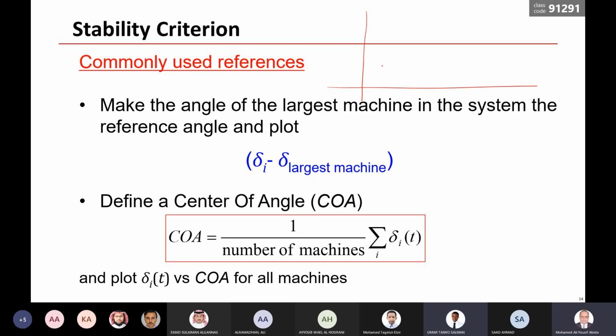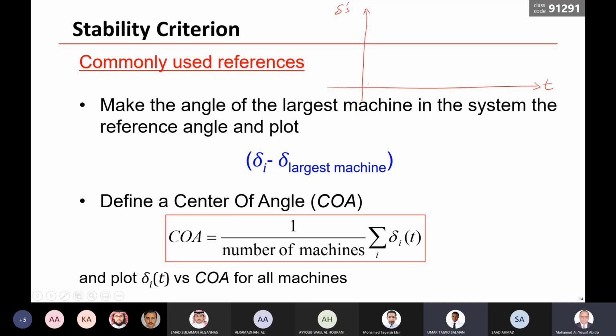Yes, doctor. Who? Omar? Yes. So what do you experience regarding the angle, if you plot the angle deltas versus the time, in terms of curves?